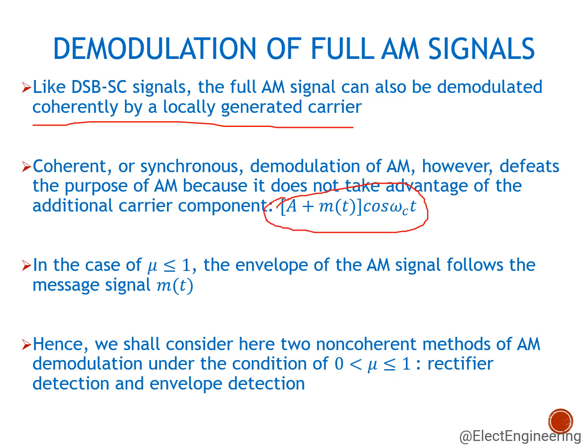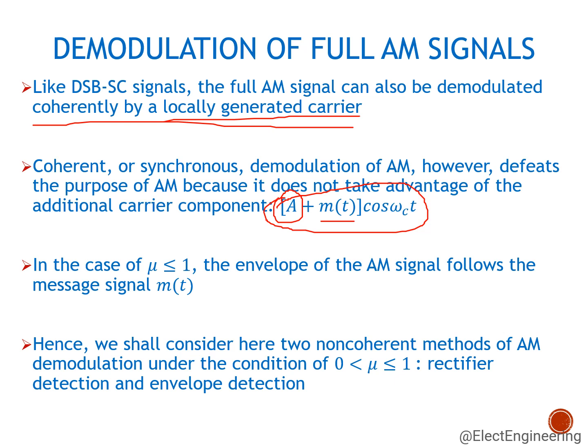So we add this A to the message signal, so that the message signal is clamped. Its negative excursions do not exist. They are actually taken towards the positive side along the y-axis, and that's how a full AM signal is generated. So the purpose of the full AM signal is to get rid of the locally generated carrier.